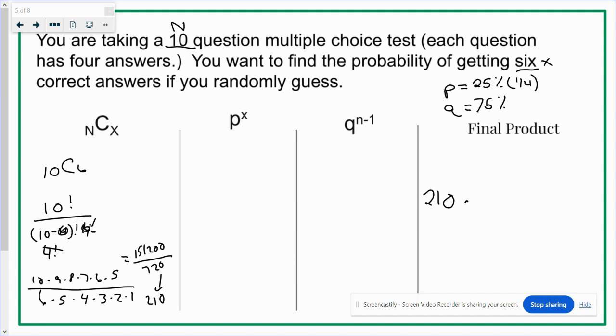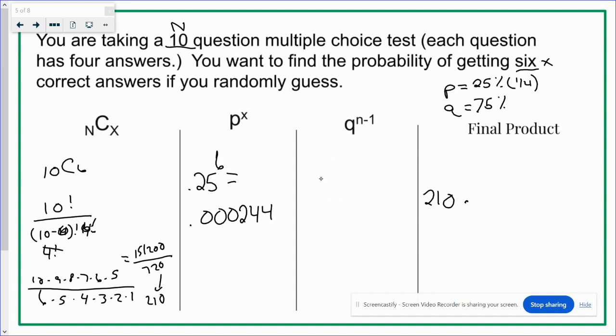All right, probability of success raised to the x power, 0.25 raised to the 6 power. Plugging that in. 0.00244. Sorry, 3 zeros, not just 2. And we'll just round it off there.